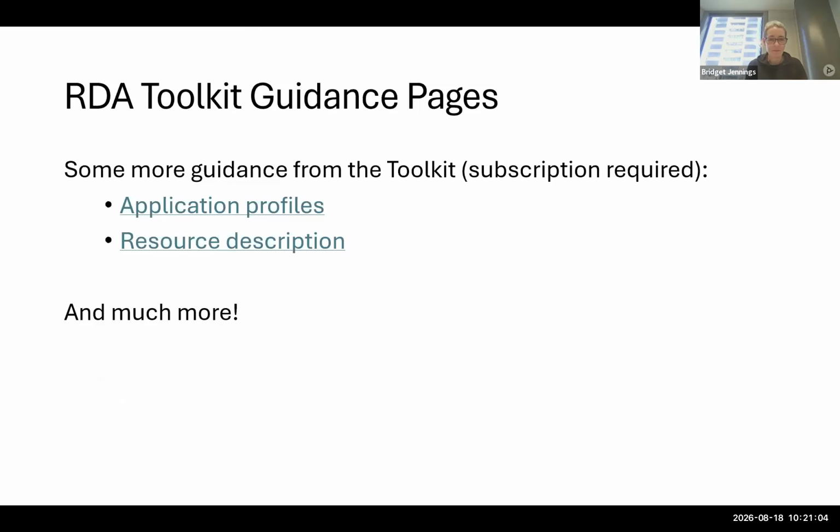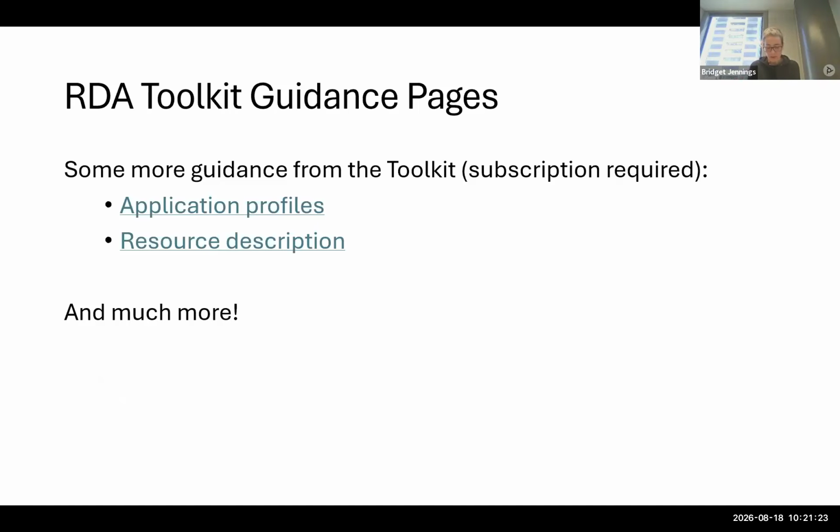And then just some useful pages and things. I'll just do another plug for the RDA Toolkit guidance pages. So this time we'll spotlight the page about application profiles. This explains what you should include in your application profile.